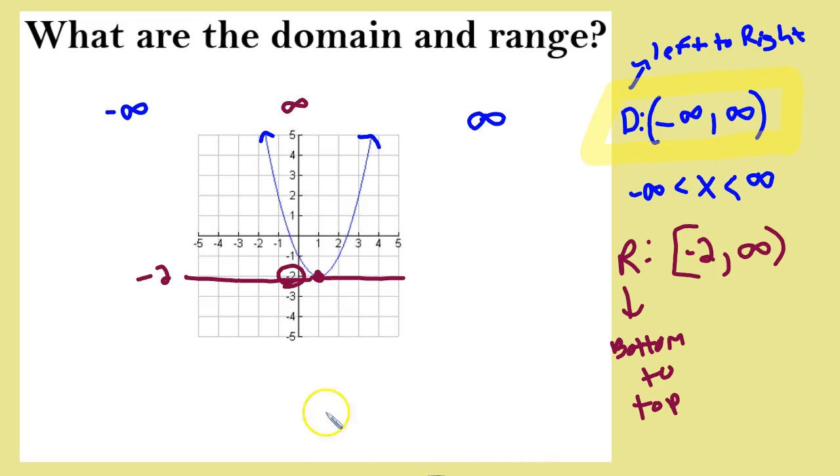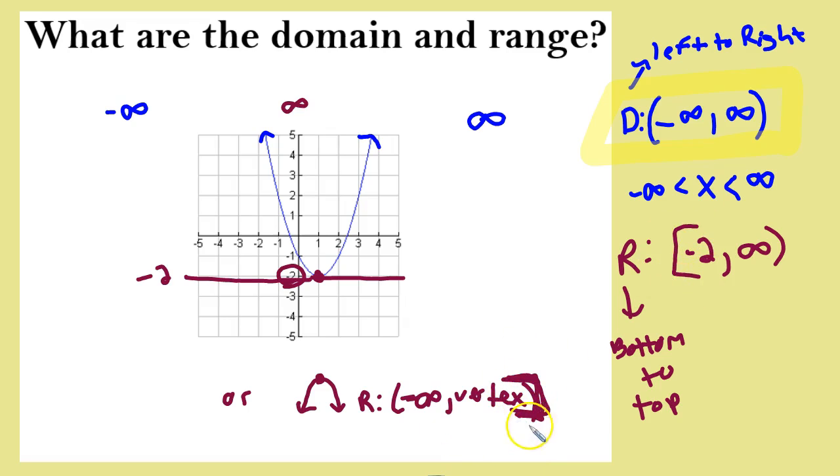Or if we have a function that's open down, our range would be from -infinity, because it's always bottom to top, up to that vertex, whatever the vertex is. So either vertex to +infinity or -infinity to the vertex, and make sure that you're using a bracket on the vertex because it is included.